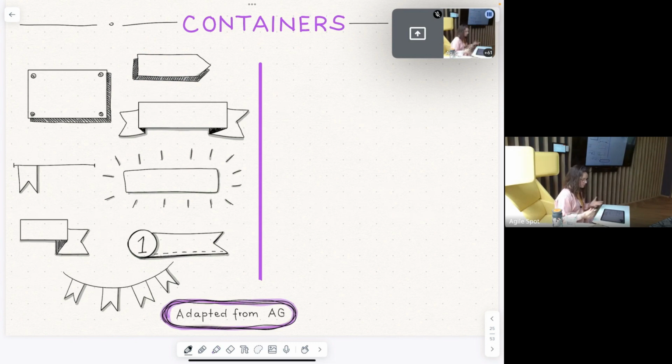The container elements. Sometimes I was experimenting with the headers of the section, that they're a little bit easier, but I want to show you this ribbon one. When you want to contain something, please always start with the word or title, this thing that you would like to have in it, because it gets problematic when you first draw the nice place to put your title, and then it never fits.